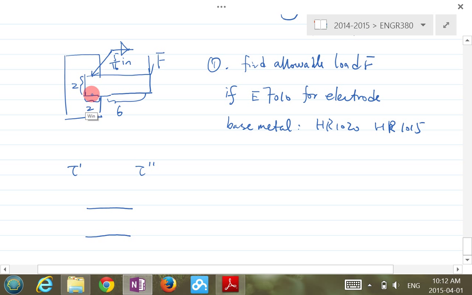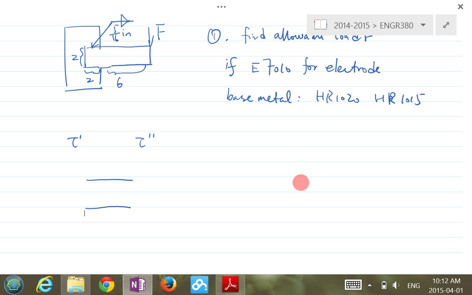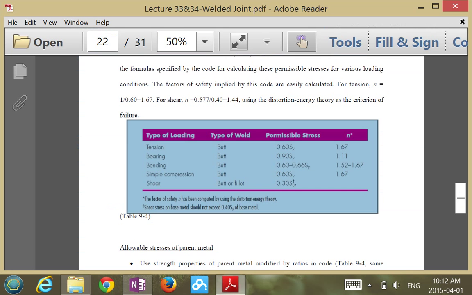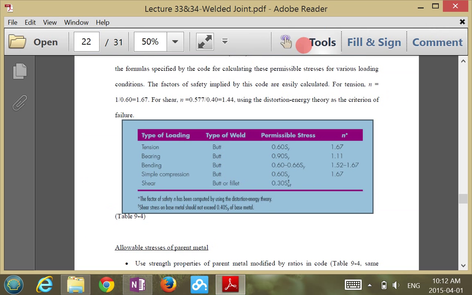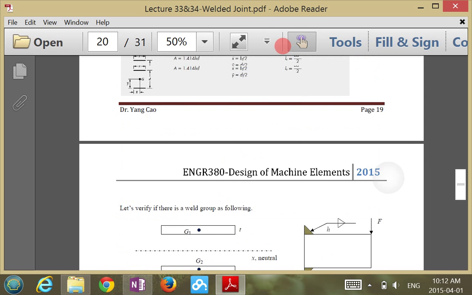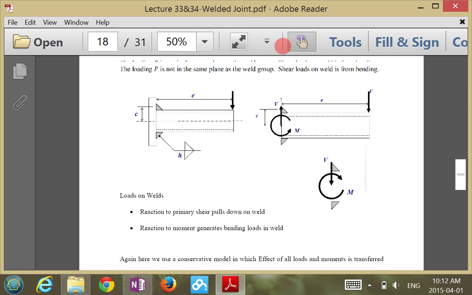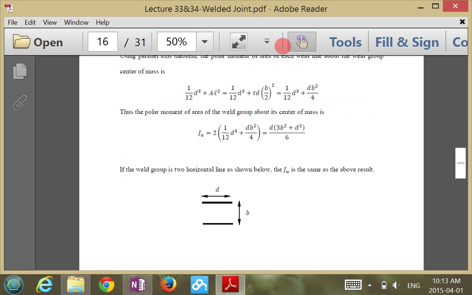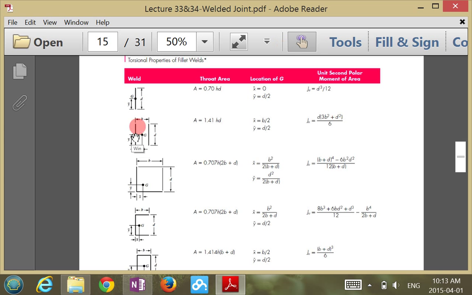It's causing this weld group to rotate about an axis perpendicular to its plane. So you need to use table 9-1. If I look at 9-1, I actually don't have two horizontal lines. We only have two perpendicular lines.